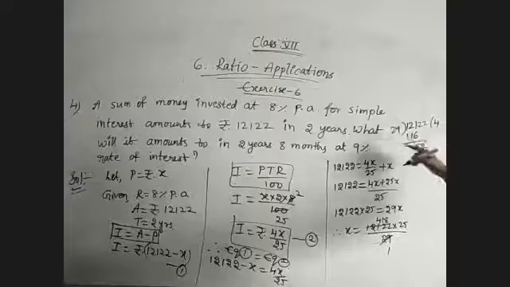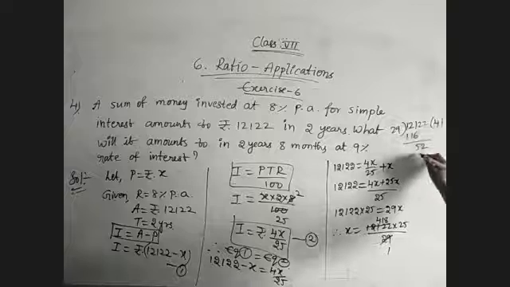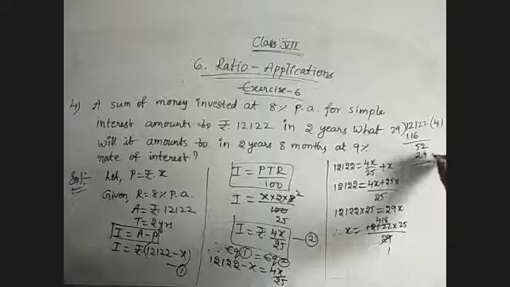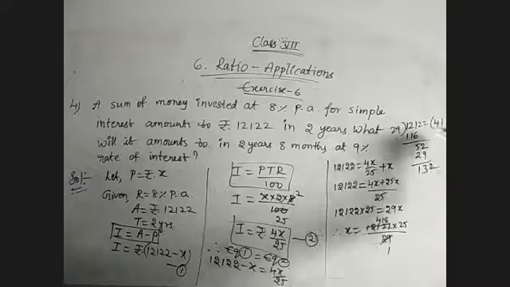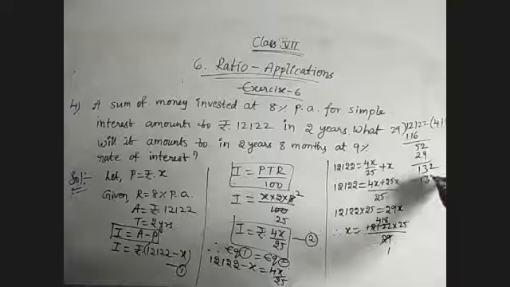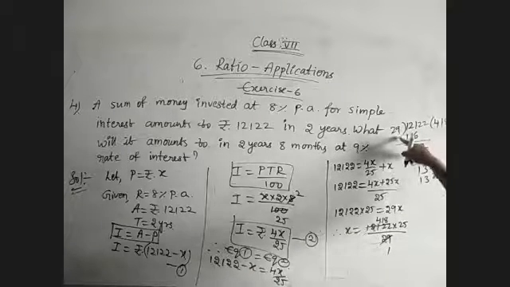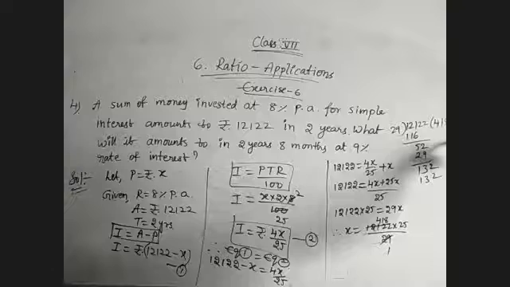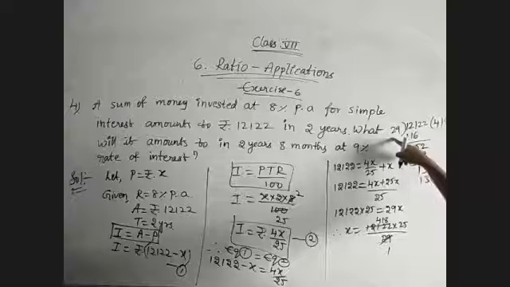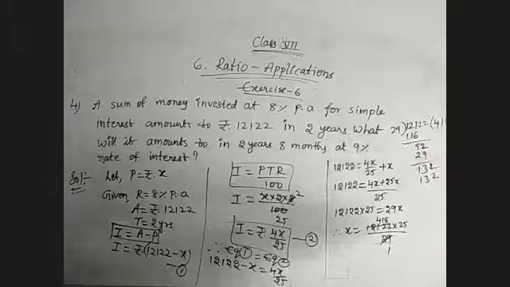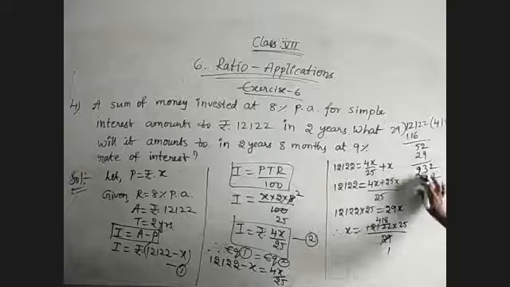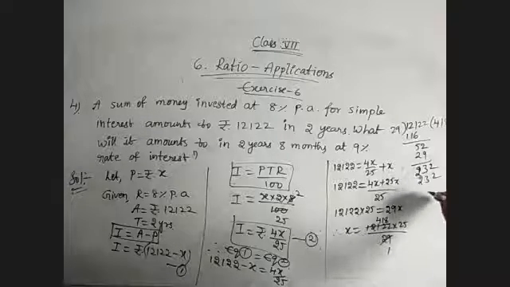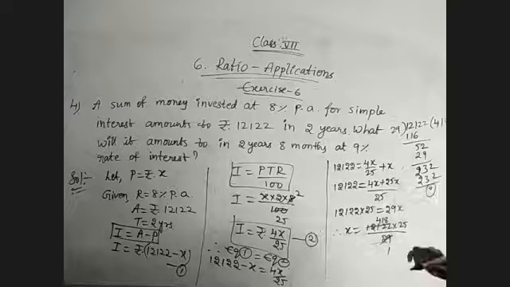So 29 2s are 58. 29 1s are 29. 52 minus 29 is 23, then 29 8s are 232. We get 418, remainder will be 0. You will always get this.